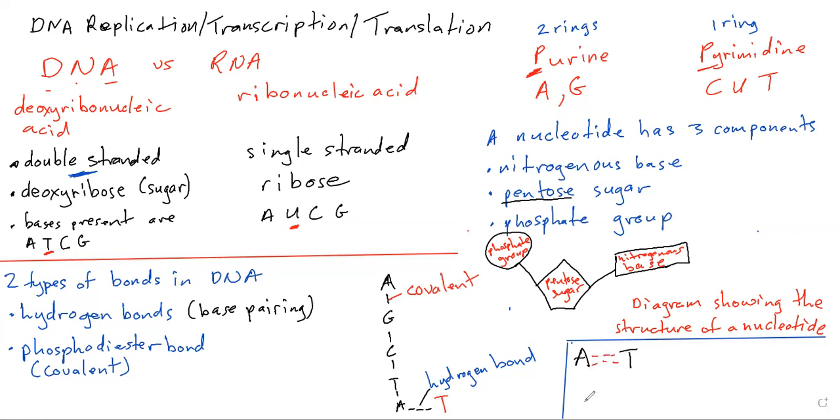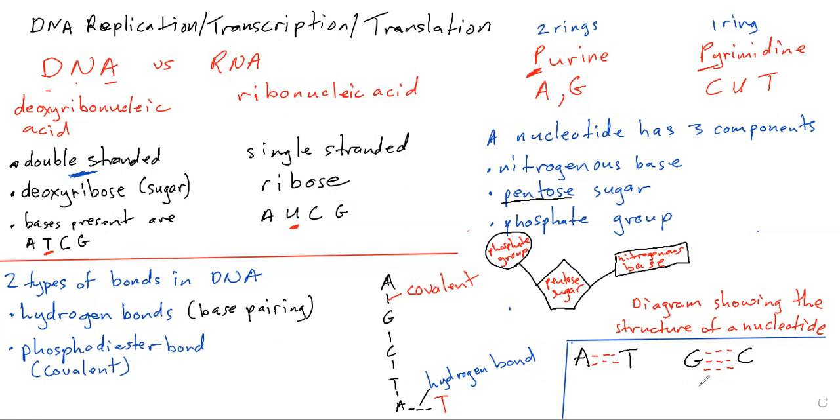However, the GC bond is a triple bond. Each broken line represents one hydrogen bond.